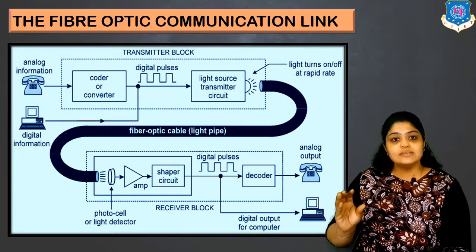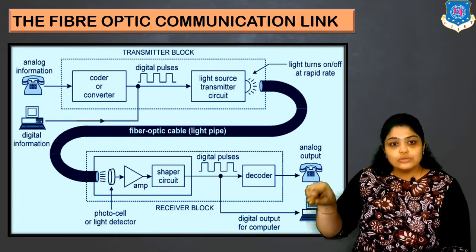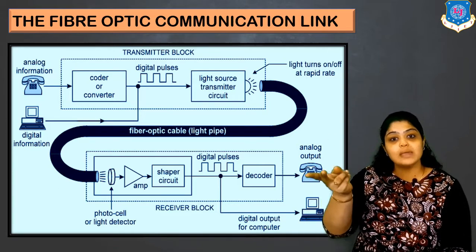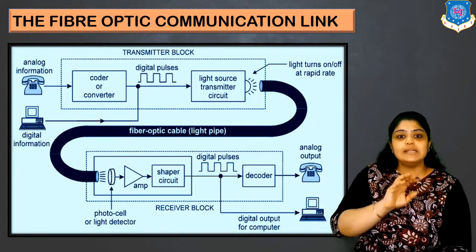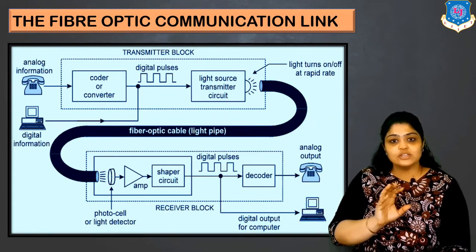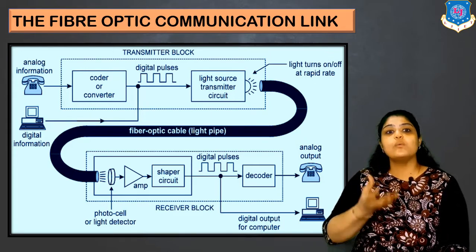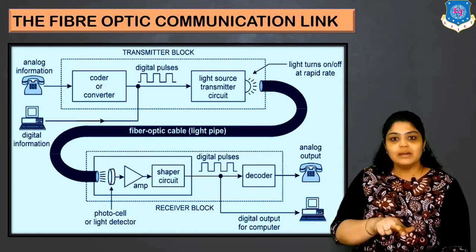From the transmitter circuit, output is light. So this light is coupled to the fiber optic cable. So there we need a coupler, source to cable coupler. So this light travels through the cable in the form of total internal reflection. At the output side, the light is detected. So we would require a detector and we would require a cable to detector coupler.